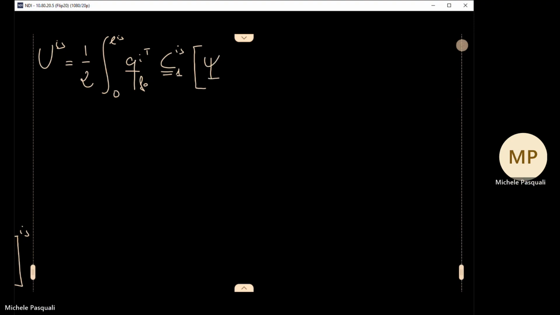C1 transposed, C2 transposed, everything is transposed. So this is just C2 ij transposed. So everything here as well is ij transposed.